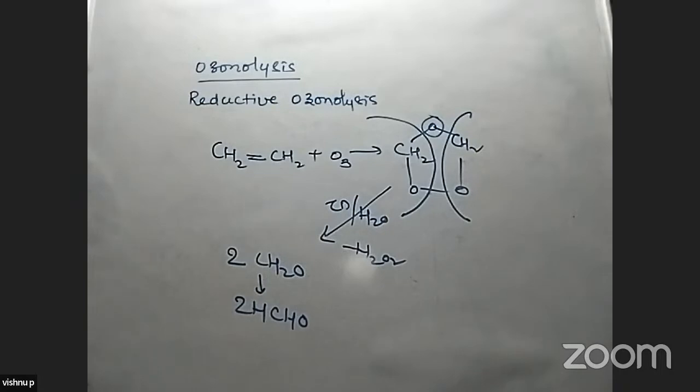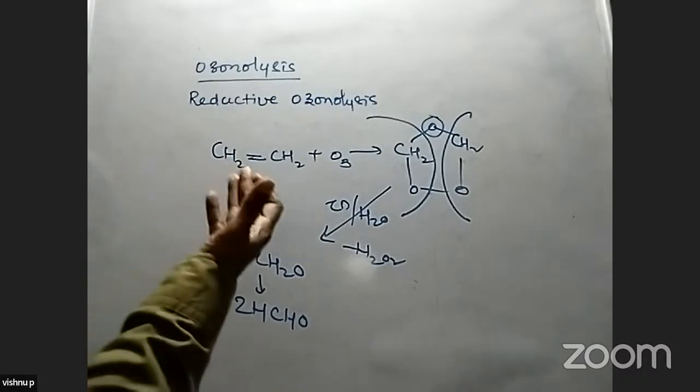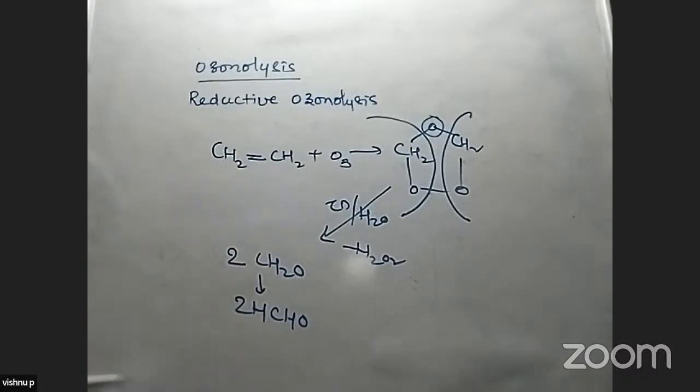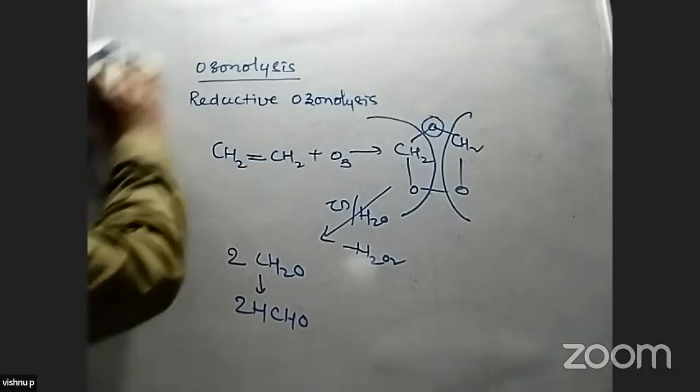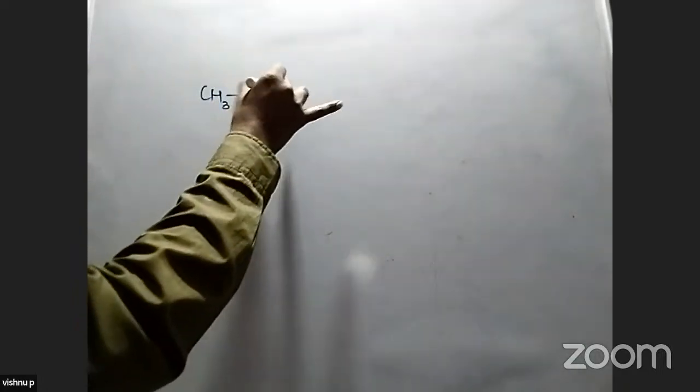What type of compound is formed depends on the structure of the alkene. The alkene may contain two carbons or three or any number. We get aldehydes or ketones in this ozonolysis reaction. One more example. We take this alkene involved in a reaction with ozone.